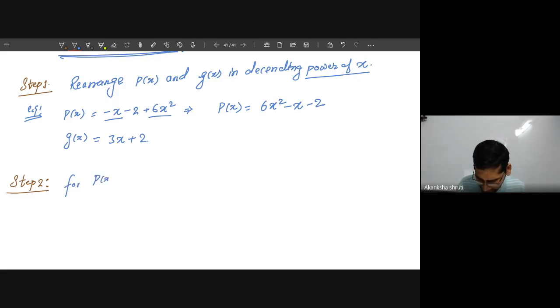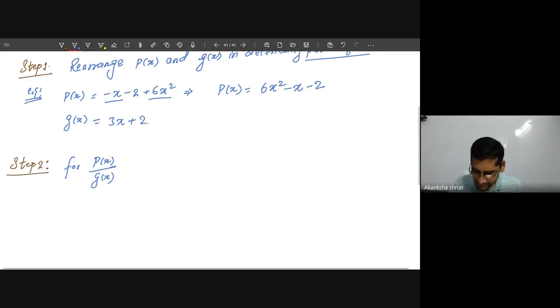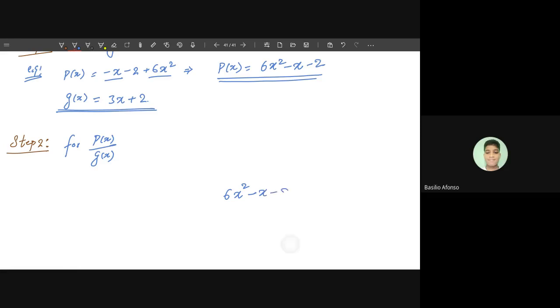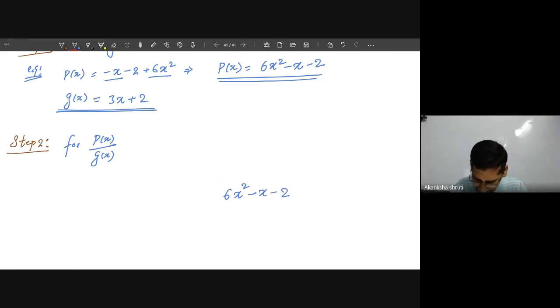Whatever rearranged forms you have written, these two you have to write in the division symbol. That is 6x square minus x minus 2 divided by 3x plus 2. Okay, so we have to write it in this form. Here you have to write 3x plus 2. This is the division symbol.